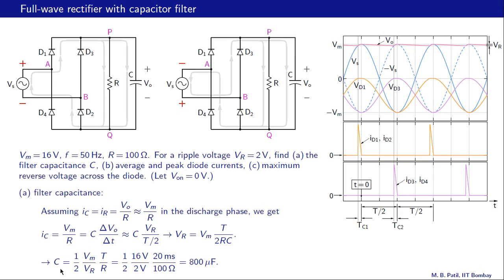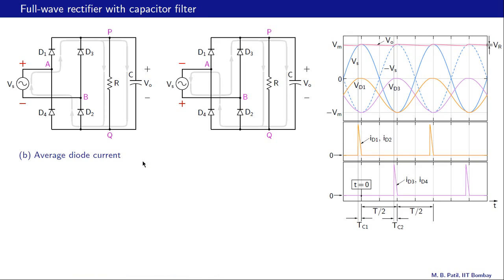And the capacitance is now Vm by VR times T by R divided by 2. This half is new here. It was not there in the half wave rectifier, and when we substitute all the numbers, we get 800 microfarads. What about the average diode current?